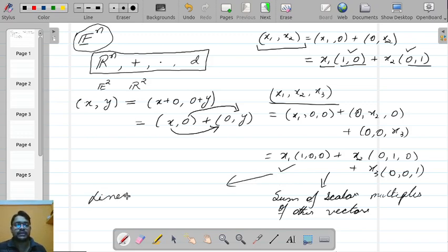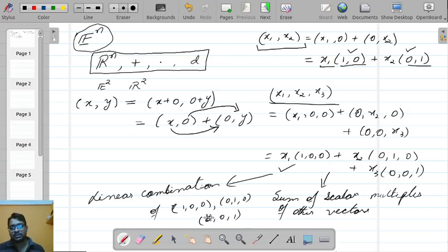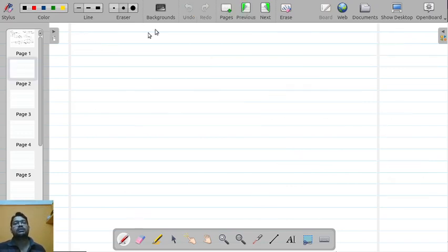So we say that it is a linear combination of the vectors (1, 0, 0), (0, 1, 0), (0, 0, 1). That means we take scalar multiples of the vectors and then add them up. Whatever vector we get is called a linear combination of the other vectors.